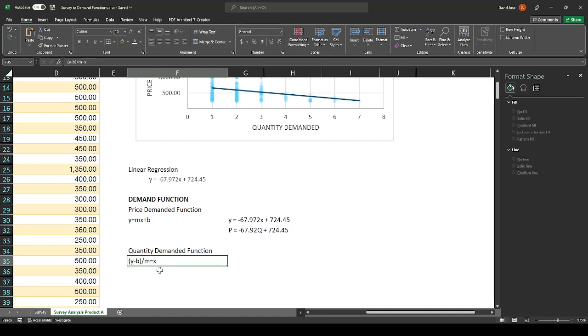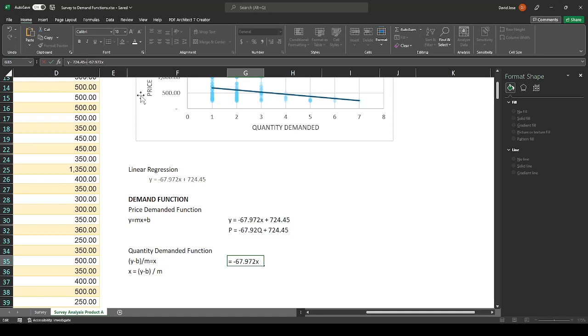Or a much better fashion is x equals y minus b divided by m. So we're going to substitute the b on the other side. So minus b.